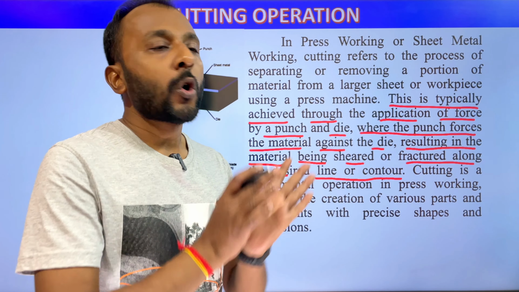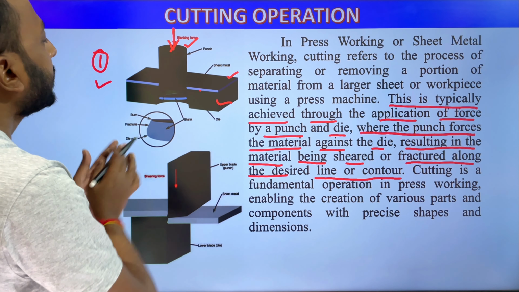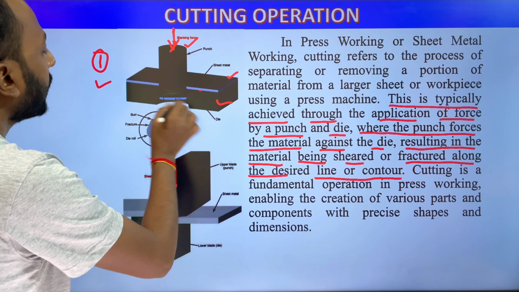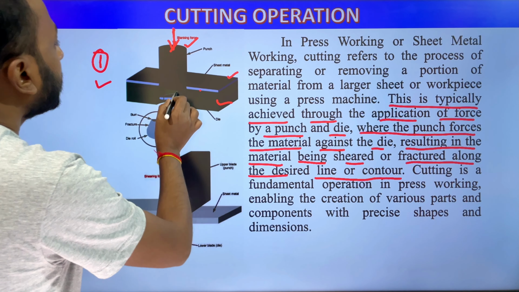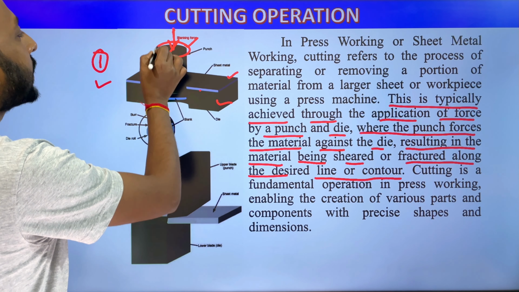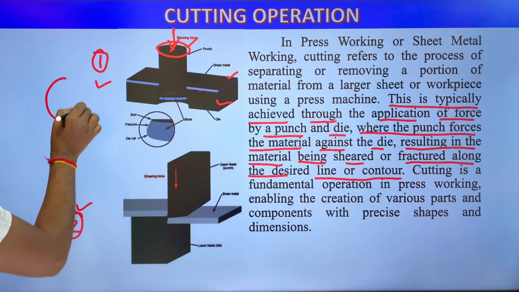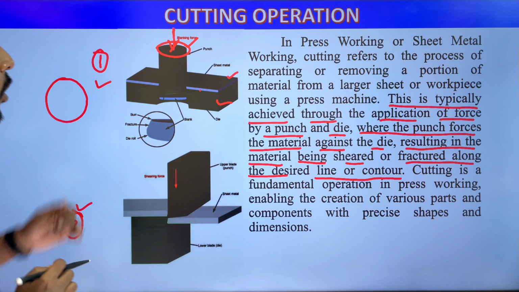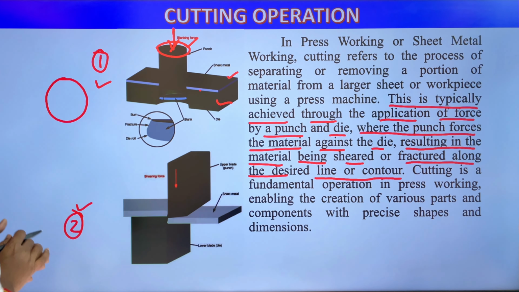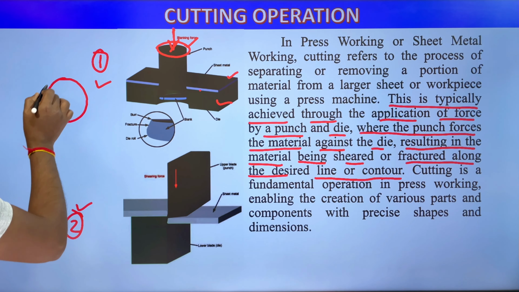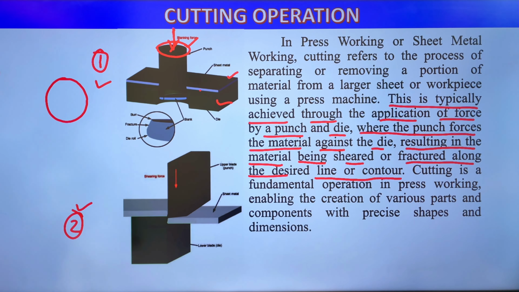When force is applied on the punch, the sheet metal gets cut out in a contour line. The punch is circular in cross section, so the cutting will be circular in cross section. So here closed contour path cutting is done.